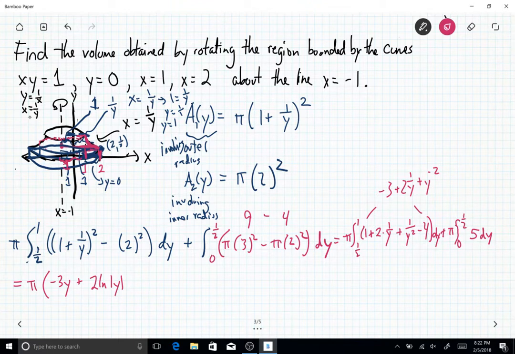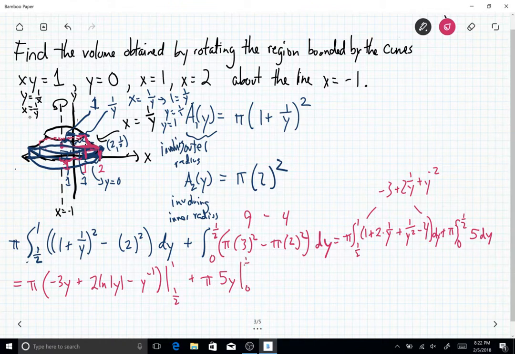And then we have minus y to the negative 1, and that's where the minus comes from. And so that's evaluated from 1/2 to 1. In the second portion that we're going to be adding in, you get plus pi times 5y, evaluated from 0 to 1/2.